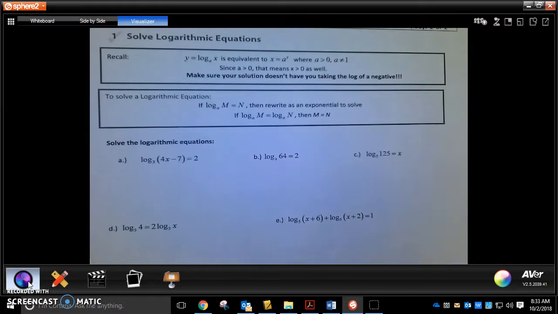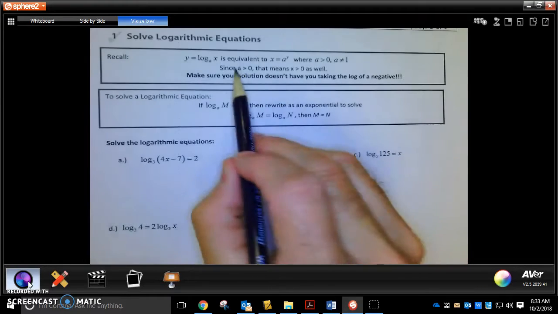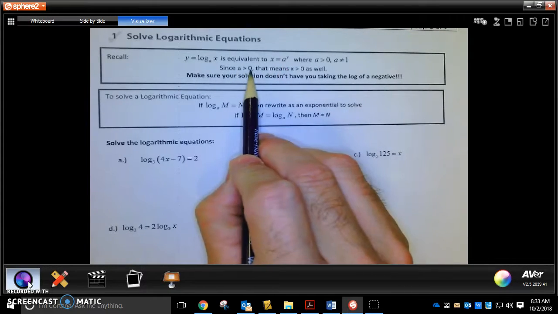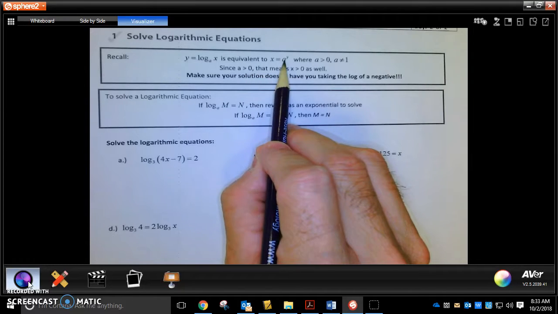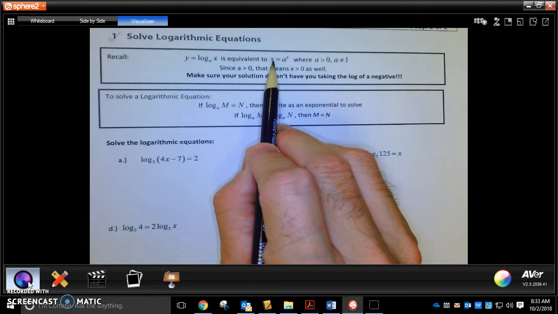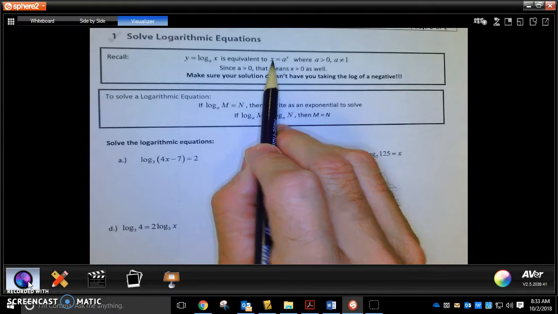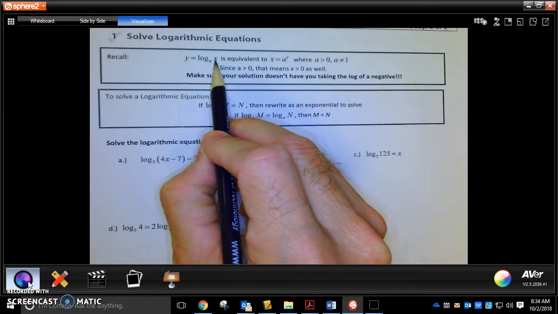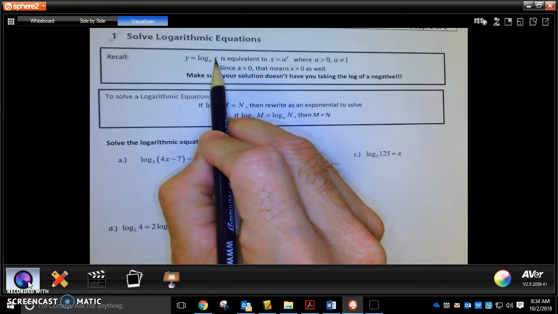One thing to notice about logarithms and exponentials: the a in an exponential has to be positive. So if this is positive, whenever you take this to a power, this x is always going to be positive as well. Well, that x would be this x right here. So that x always will be positive.